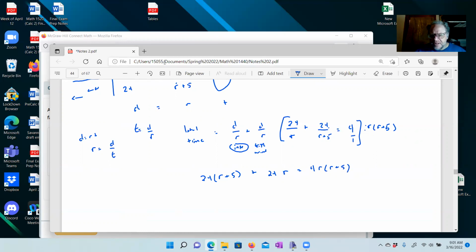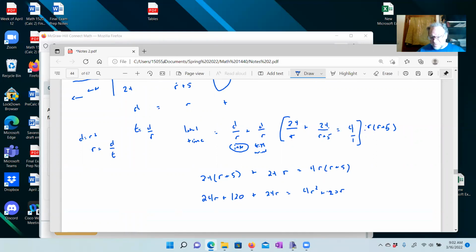Okay, so let's go ahead and sort this out. So we've got 24R plus, now 24 times 5, what is that, 120? Plus 24R, and that is equal to 4R squared plus 20R, 4 times 5. All right, so we're going to have some stuff to work with.